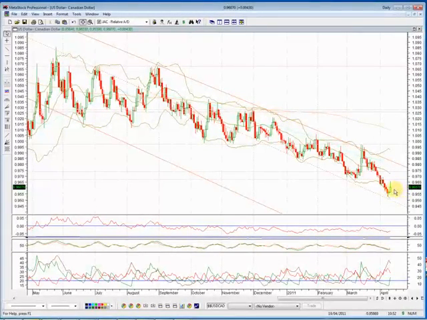And I expect some sideways action for a while, and then we might be trading lower. However, it's important to establish some sort of sideways action to make the evaluation a little bit easier.